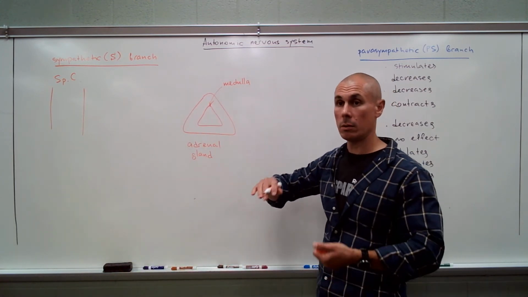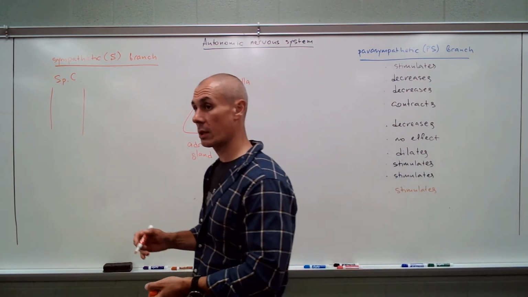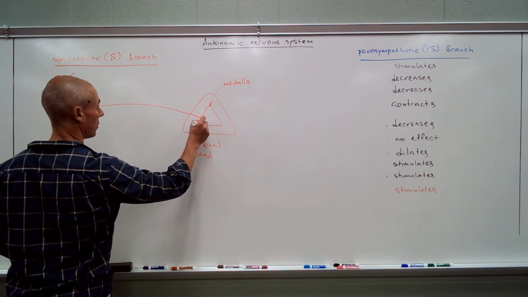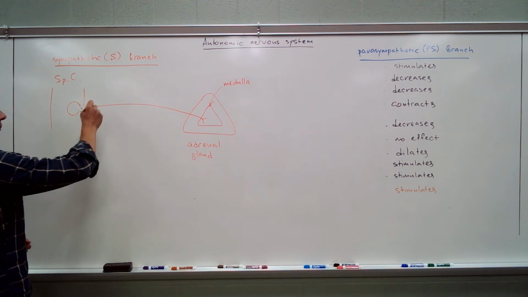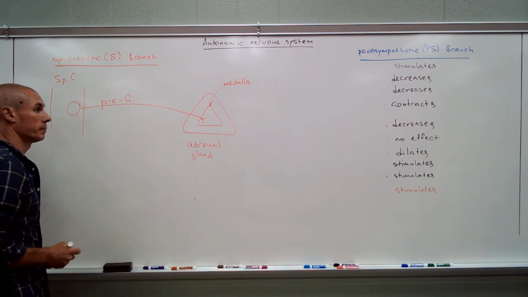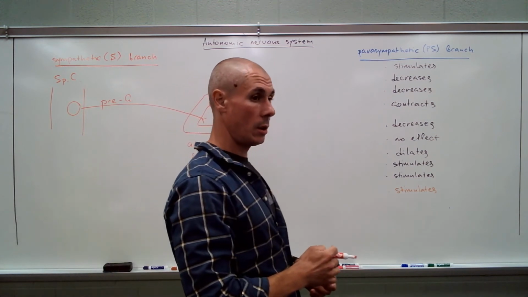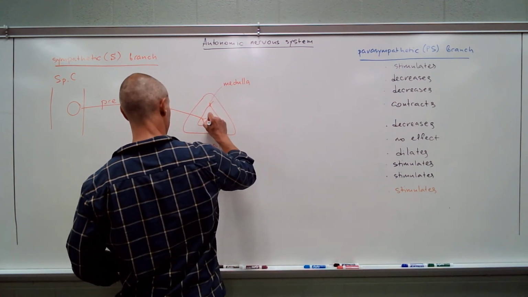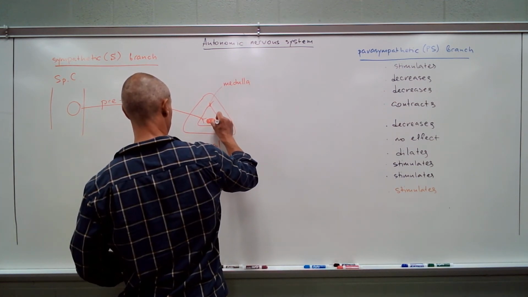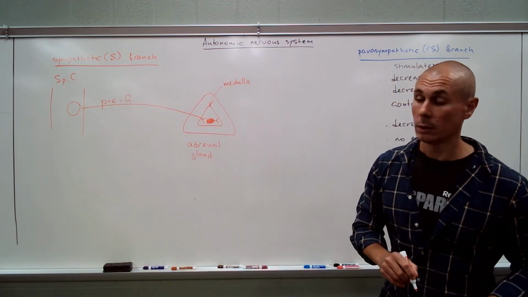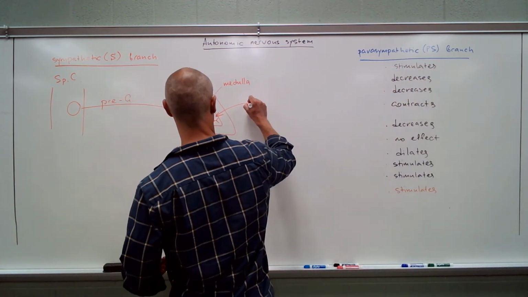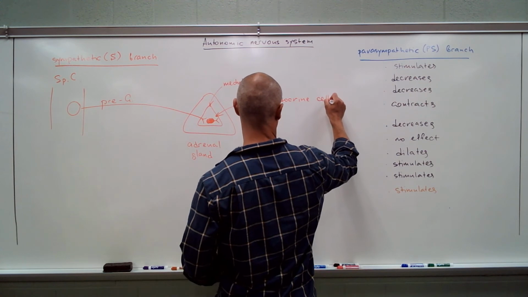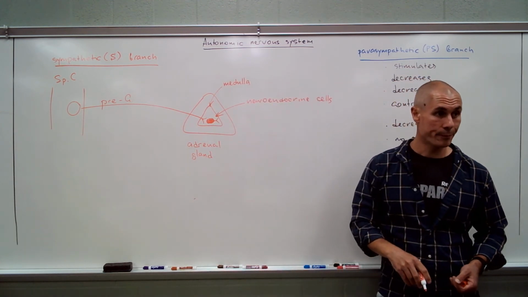So, adrenal medulla. Here's what happens. You have essentially preganglionic neuron that gets all the way to medulla. And in the medulla, it synapses with the special cells right here, which are called neuroendocrine cells. Okay?